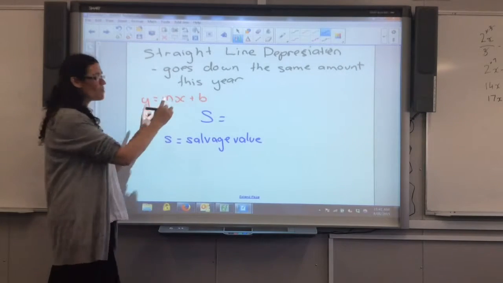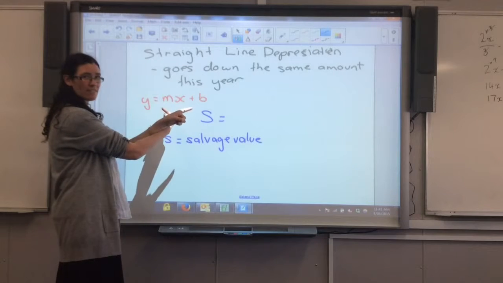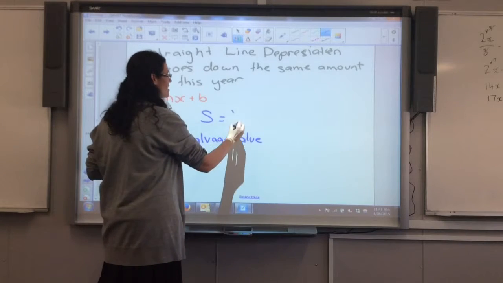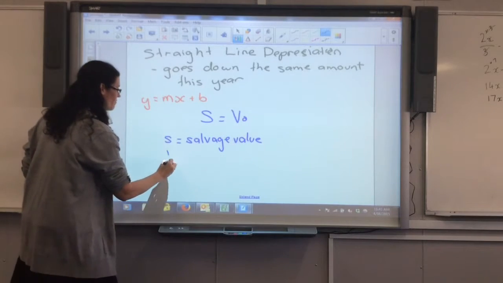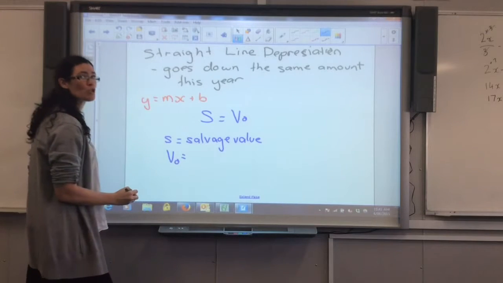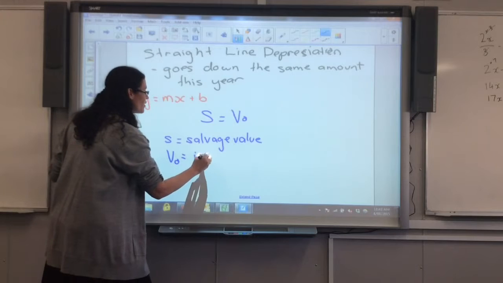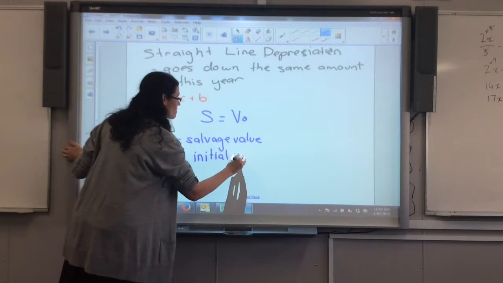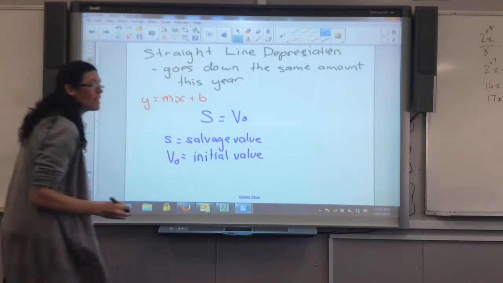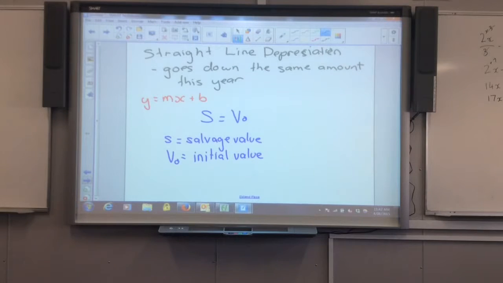Just to be tricky, we're going to write these in the opposite order. So our b is going to be V0, the initial value, and that is our y-intercept. In the formula sheet it's that way, so I want you to recognise how it's written.